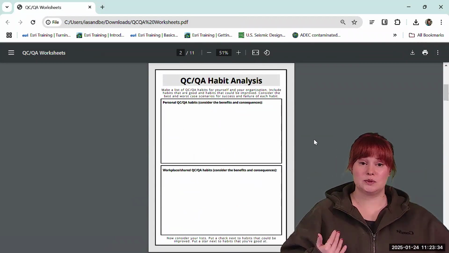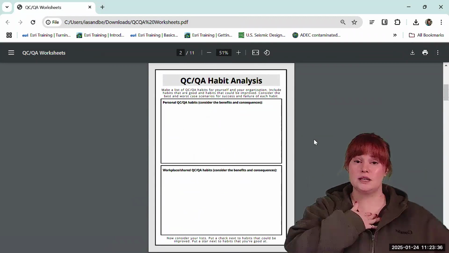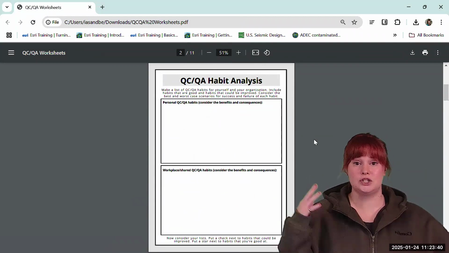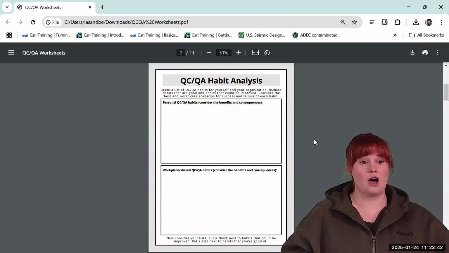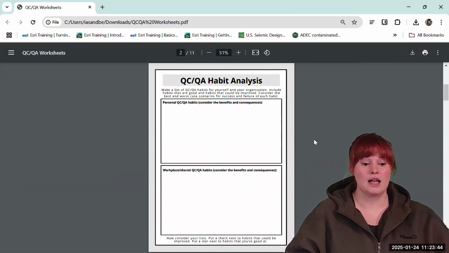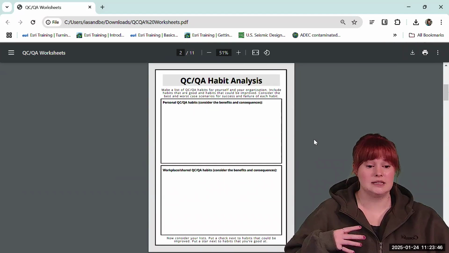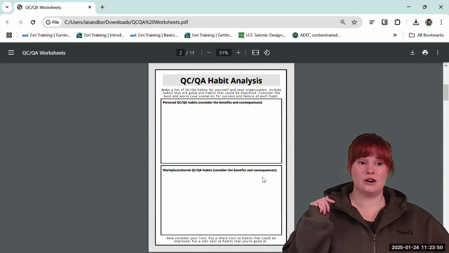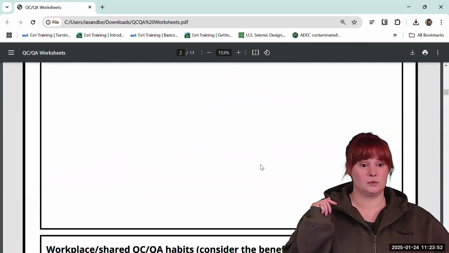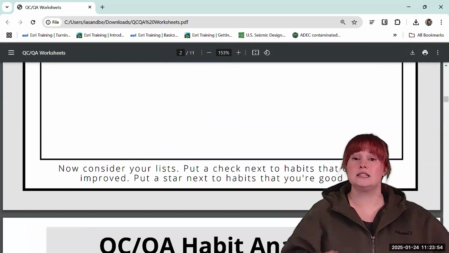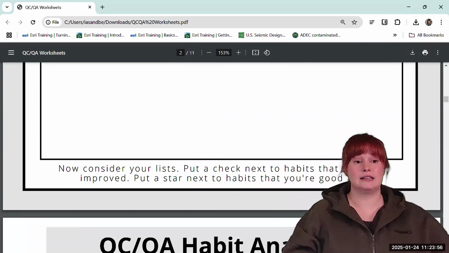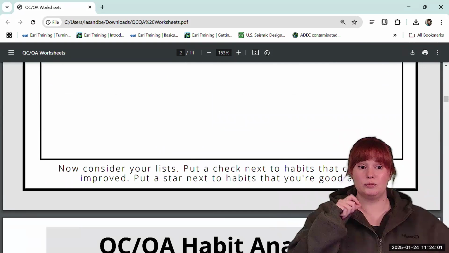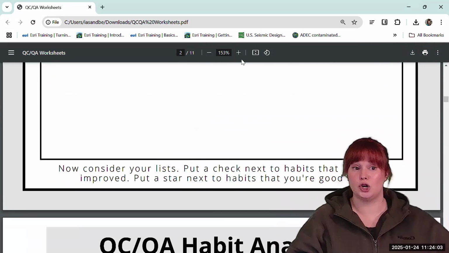So you want to go through this worksheet and kind of break down what are some of my own habits, what are some of the habits that we have in this organization, in this workplace, in this office, etc. And consider those things, and then go back and look at the very bottom of this worksheet. It says, now consider your lists, that checklist, and then put a check next to the habits that you think could be improved. Put a star next to habits that you think you're good at.